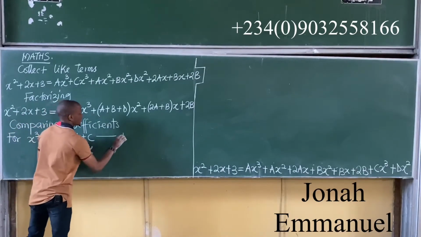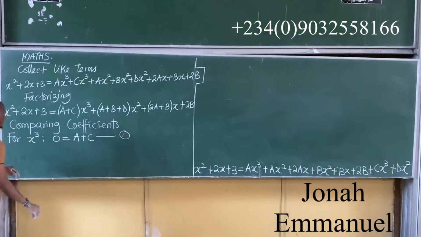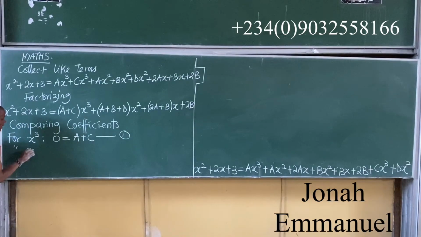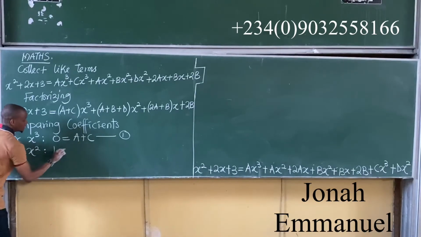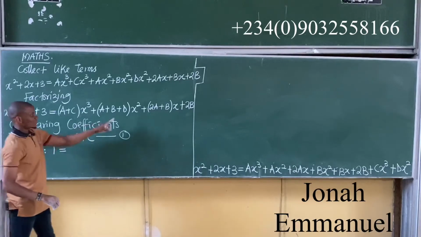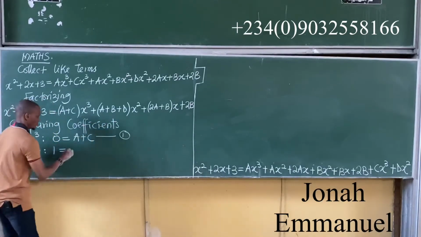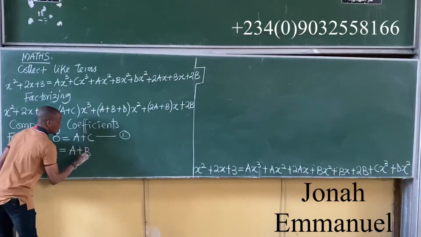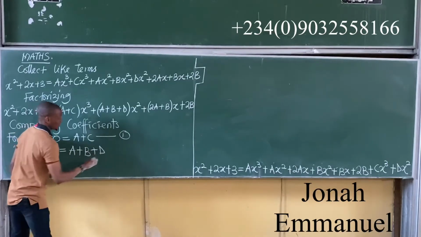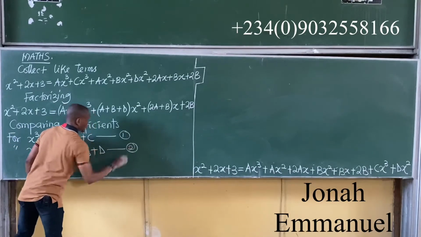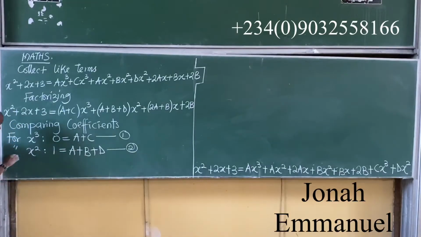Call this equation 1. Next, for x squared, the coefficient on the left is 1, so 1 equals a plus b plus d. Call this equation 2.